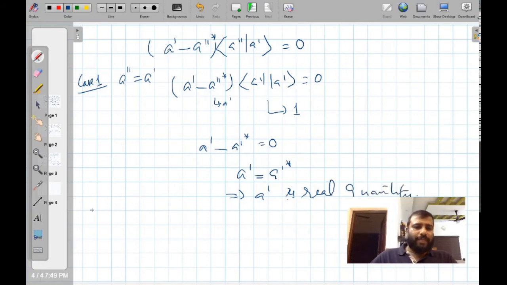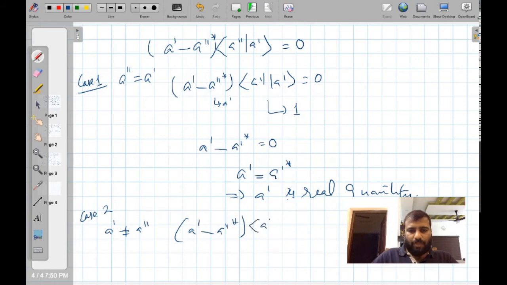Now you take another case, case 2, A' not equal to A''. We know that these are real, already proved that, so I can write (A' minus A'') times <A''|A'> equal to 0.